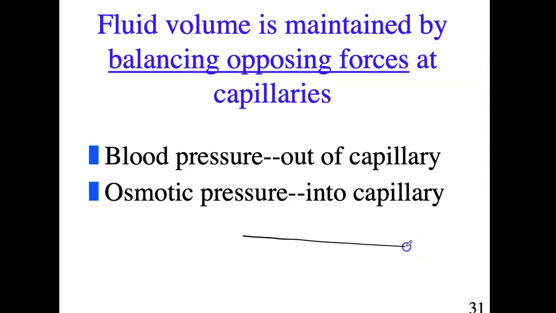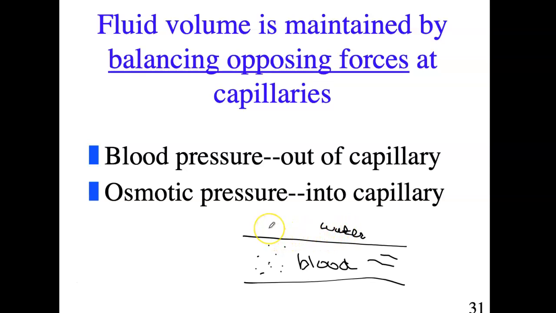Let's do that. So if you had a capillary like this, and in here is blood, and in here I'm going to put lots of solutes because there are proteins. We're going to make big proteins like this, and there's lots of salts, and on the outside here is a watery fluid, which is the extracellular fluid.